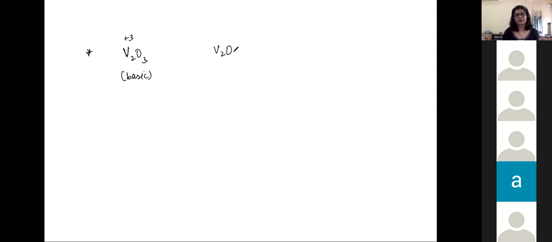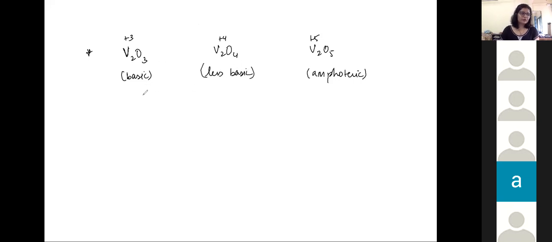V2O4 has +4; this is amphoteric. And V2O5 with a +5 oxidation state is less basic, and goes up to amphoteric nature.